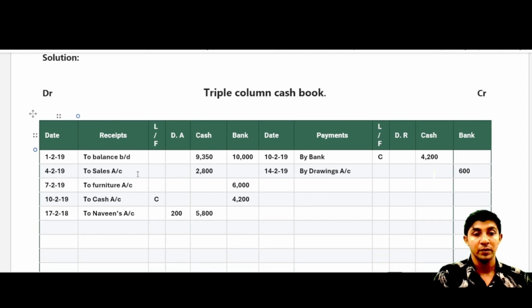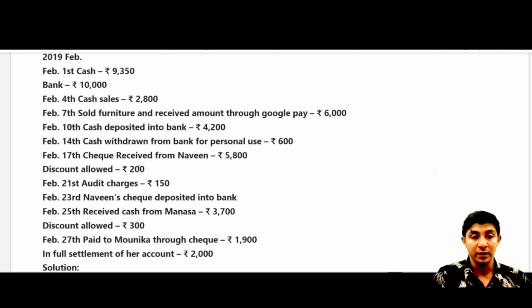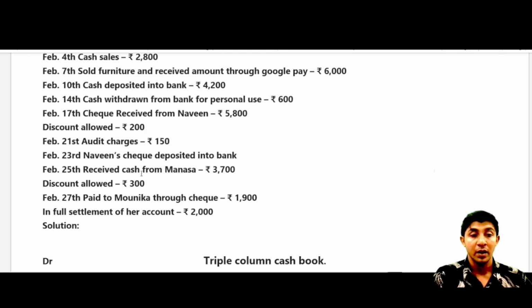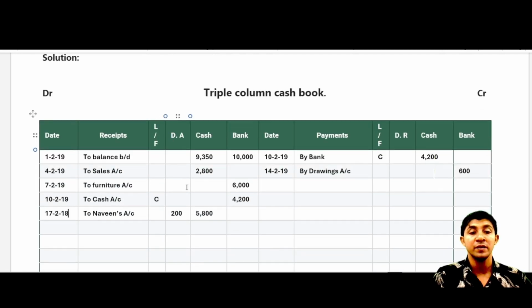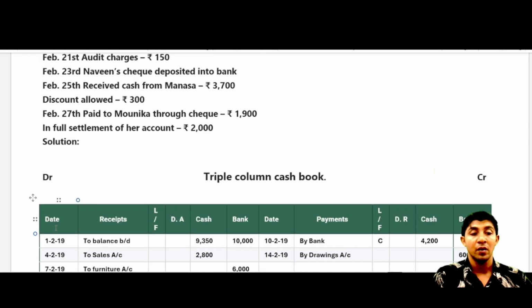Now let us see the next transaction. Received cash from Manasa 3,700, discount allowed 300, on 25th February. So we have received cash from Manasa on 25th.